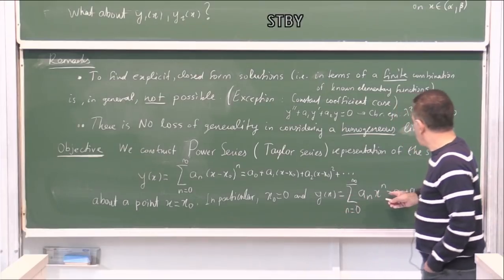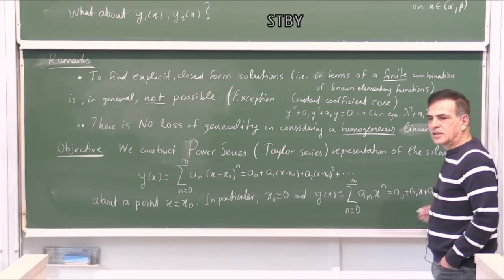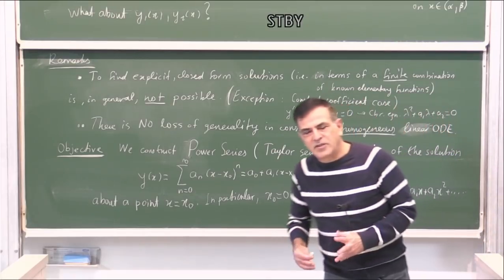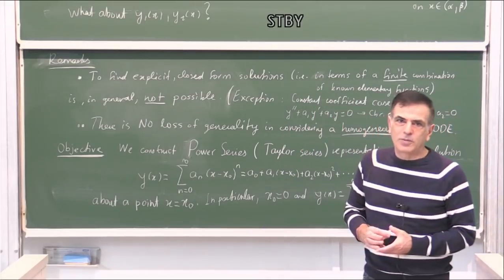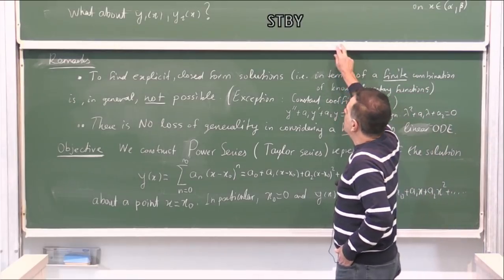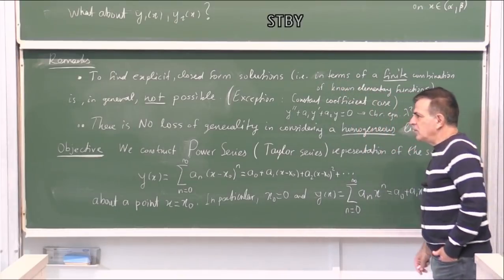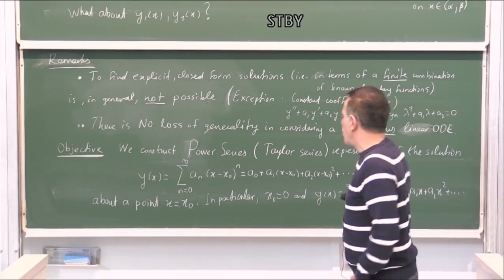So it is a series in ascending powers of x. And this is why a series like that is often called power series. Right? Yes, we use the terminology sometimes.